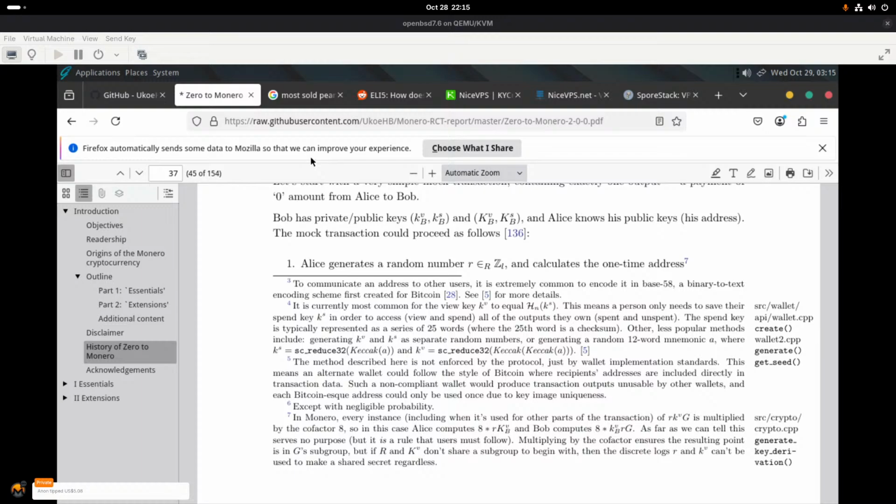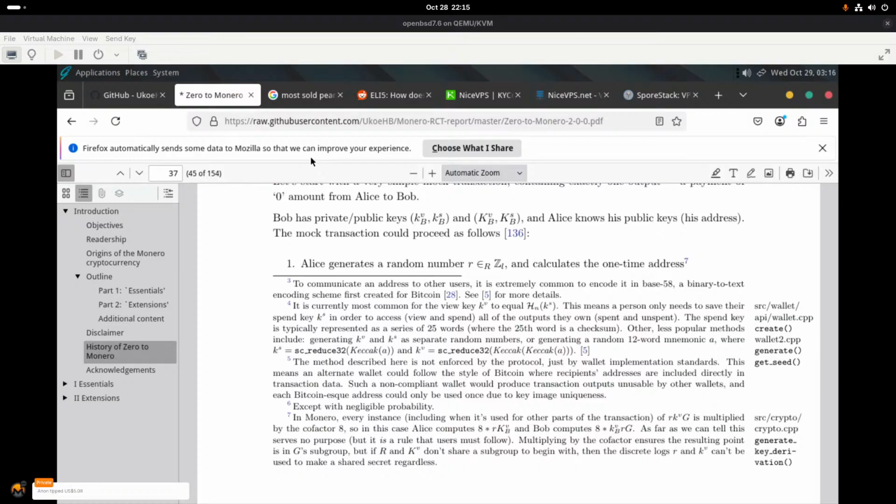In Monero, in every instance, including where it's used for other parts of the transaction, the rK is multiplied by the cofactor 8. So in this case, Alice computes 8rK_v and Bob computes 8k_vR. As far as we can tell, this serves no purpose, but it is a rule that users must follow.